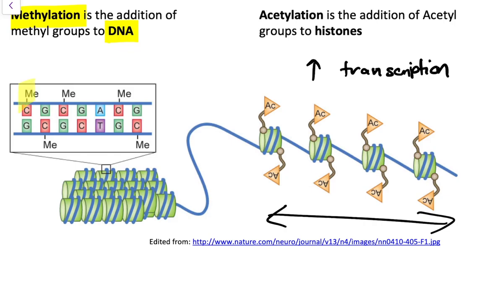You can see here that the cytosines, the C's, have had a methyl group, which is CH3, added onto them. Methylation tends to be associated with a decrease in transcription. So by making these changes to DNA and to histone proteins, methylation overall tends to decrease transcription, and acetylation tends to increase transcription.